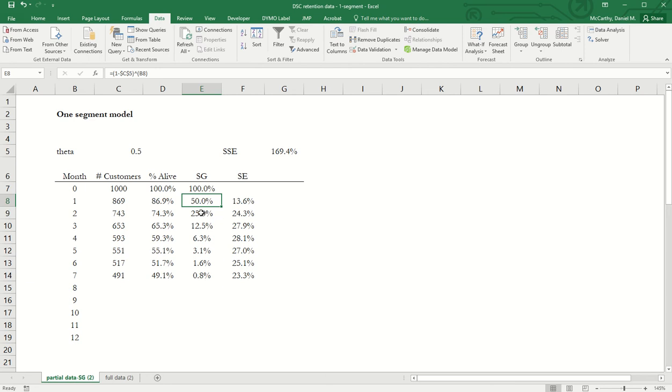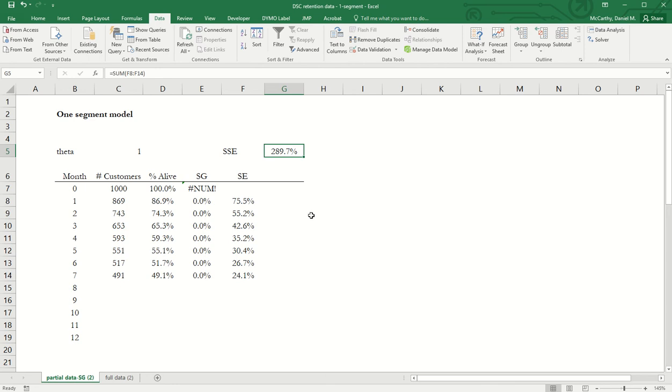In month 2, I'd expect that 0.5 squared, or 25%, of the customers will still be alive, and so on and so forth. If theta was 0, then I would expect that no customers would ever churn. And if theta was equal to 1, then I'd expect that every customer would churn in the first month. Obviously, the truth is going to be somewhere in the middle between those two.